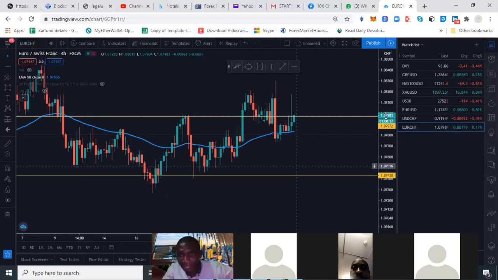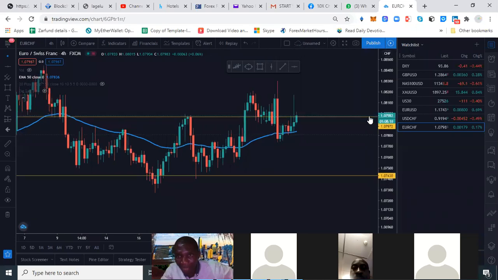We take this, look at the price. Look at where the price is standing here, where the yellow lines we put here are. When you put your cursor there, you see the gray line.